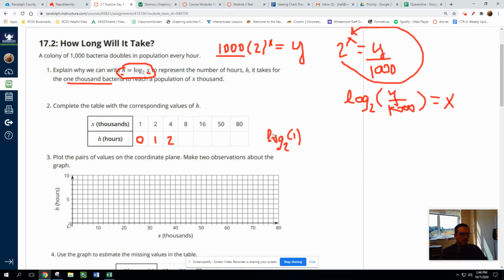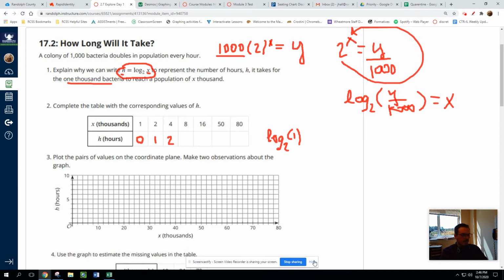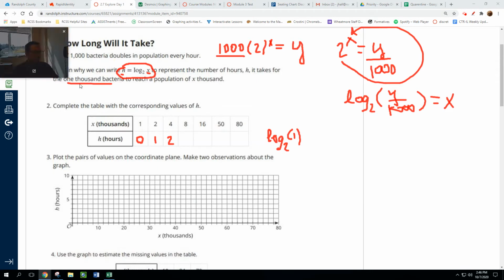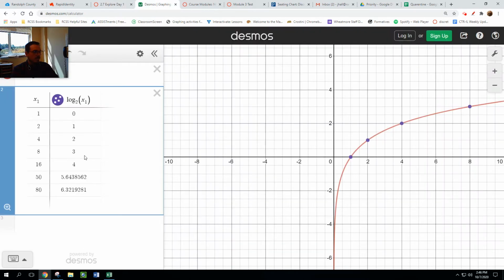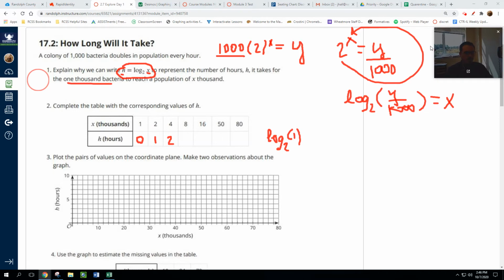So this one would be the 4, and this one will be the 3, and then the 4, and then the 5.64, and then the 6.32 that you can plug in down here.